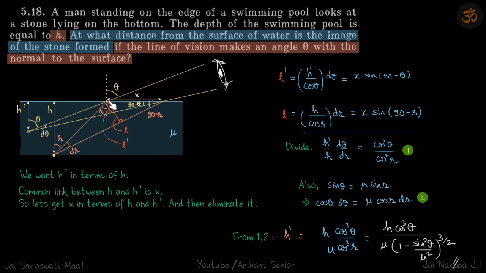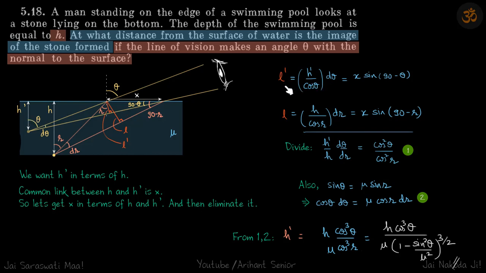Similarly here also, this bigger red triangle is not a right angle triangle, but if we draw a perpendicular to it, then we get two right angle triangles. So then again this length, let's say L, we can get L in terms of x, and we can get L in terms of h, and that's how we will relate x and h. And using this perpendicular, we will relate x and h dash.